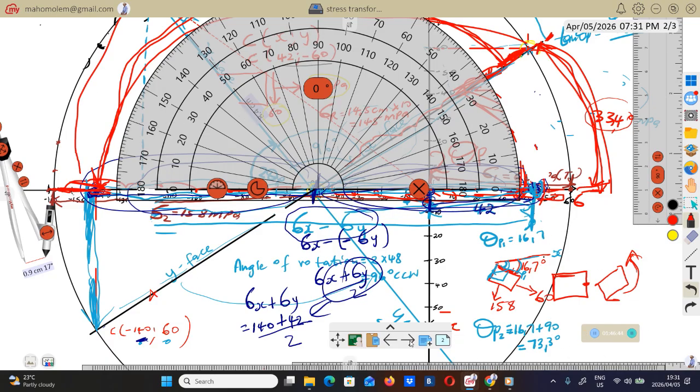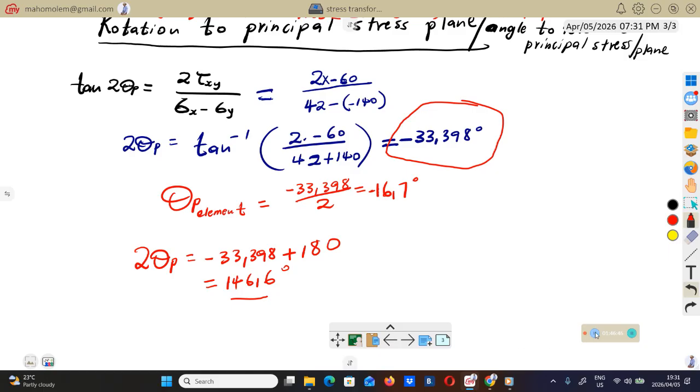And then that 147, this one will happen on Mohr's circle. But on element is theta p. We'll take this divided by 2.